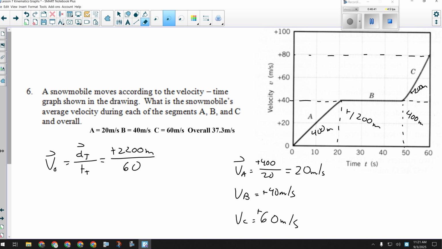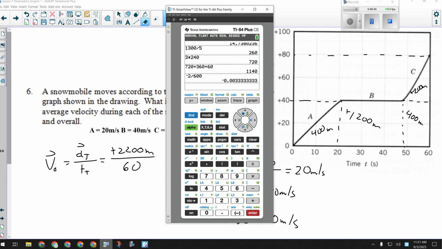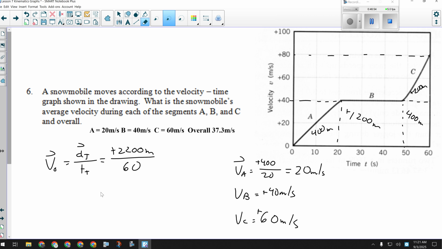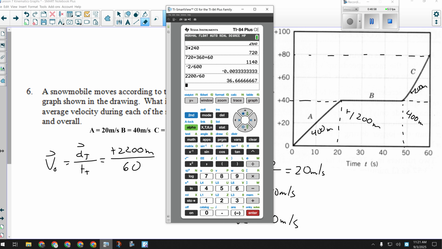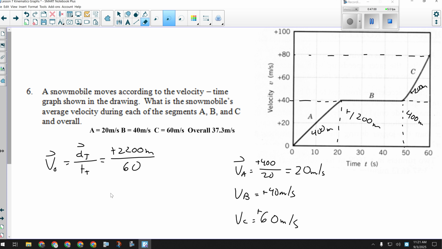Okay, 2200 divided by 60 seconds. Looks to me like it should be 37 meters per second. And that would be positive. Okay, everybody all right with that? Okay, not a ton of calculating there, okay, but a little bit.